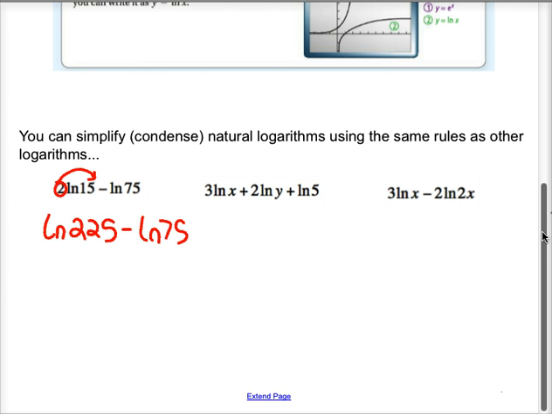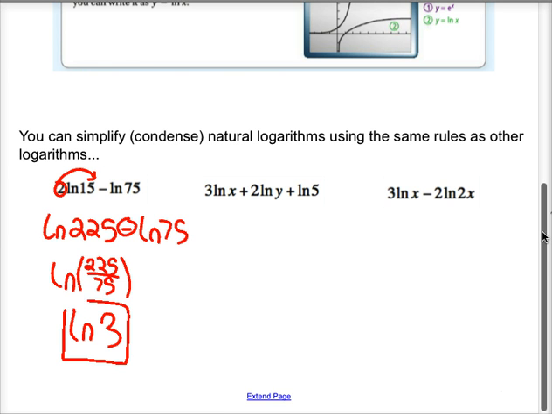Then I want you to notice the subtraction. Remember, subtraction means division. So I'm going to end up dividing those two, 225 divided by 75, and that's just going to turn into the natural log of 3. So again, all the same rules still apply.